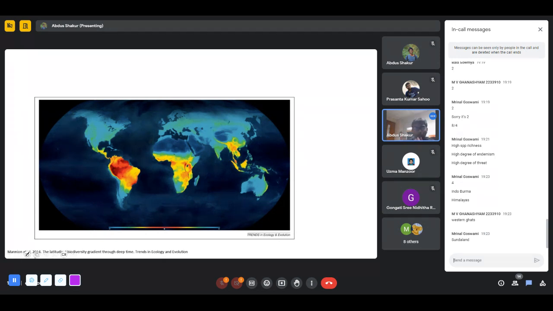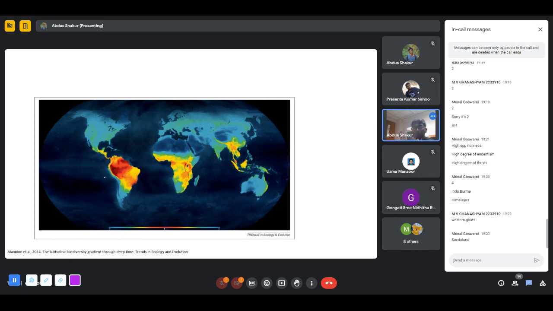Can someone say what this plot is representing? So, it's talking about species richness, the number of species of vertebrates, the ones that have a vertebral column, on a world map. The darker or red the area, the more species; the lighter or bluish colored, the very few species present in that area.